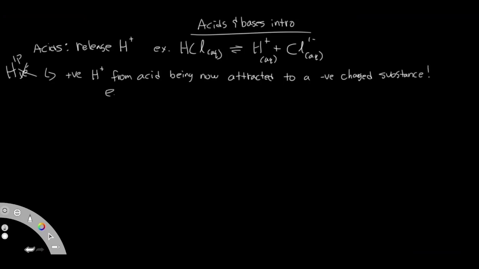I'll give you an example here. Let's say we have hydrogen here, we have oxygen over here, and this is obviously going to be negatively charged. We can actually put two of these here. So this is negatively charged over here. These are obviously positively charged. So this H plus here is very attracted to this negative dipole of the oxygen.